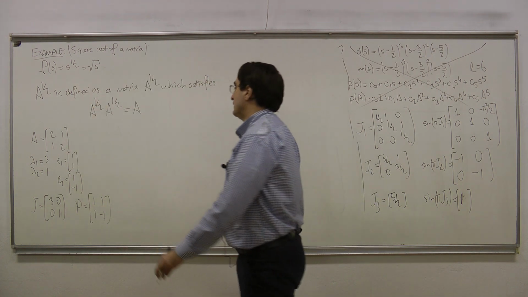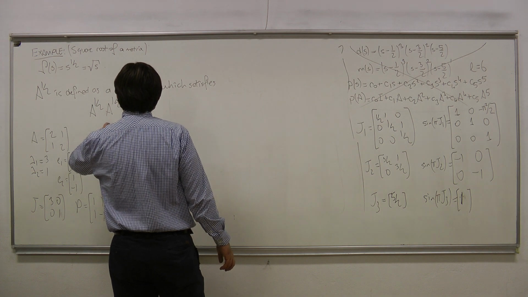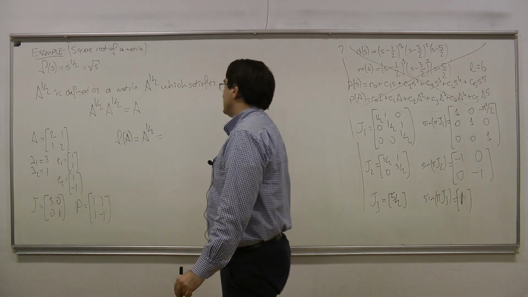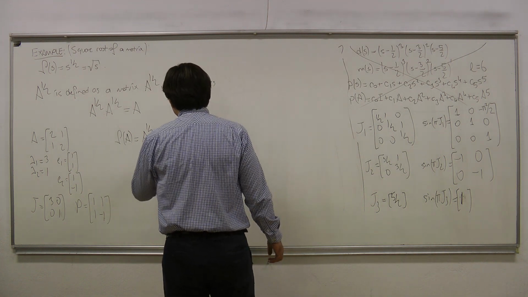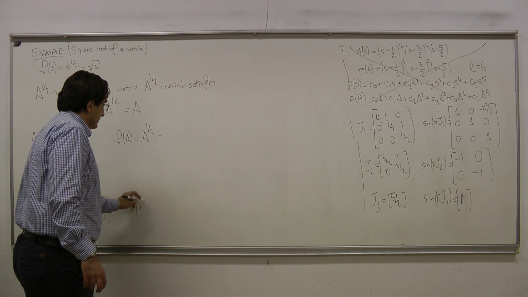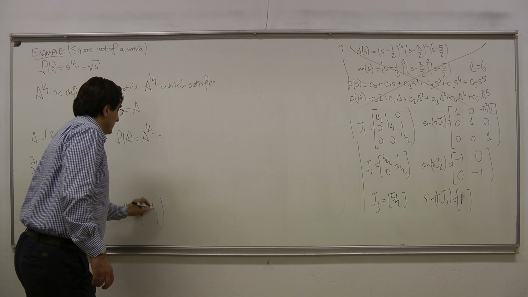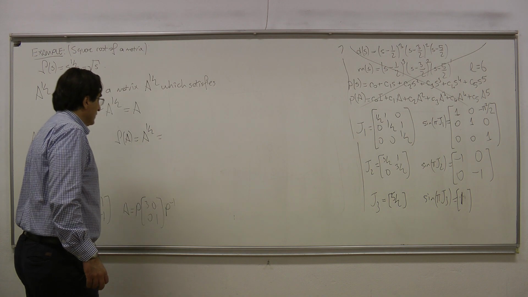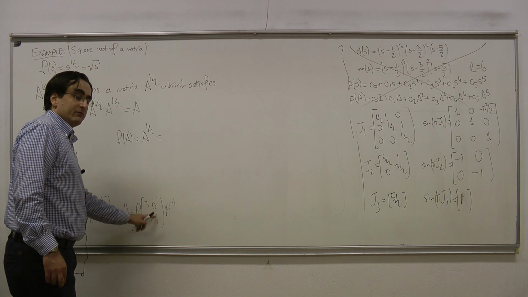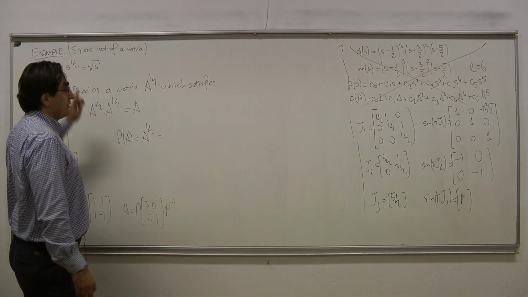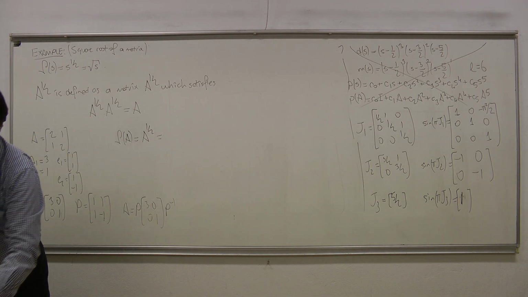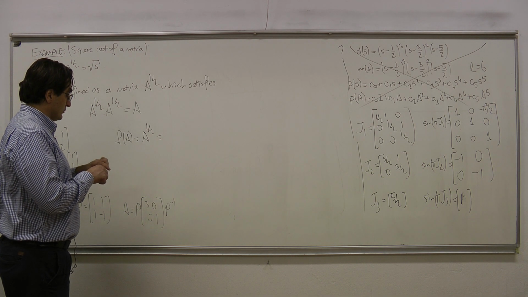So I'm first going to be using this function, and then I will use the function of a matrix concept. Here, f of A, which is A to the power 1/2, is going to be, so I know that the matrix A is nothing but P times diag(3, 1) times P inverse. So I am going to pass these eigenvalues through the function s to the 1/2, and that is going to give me the square root of the matrix.